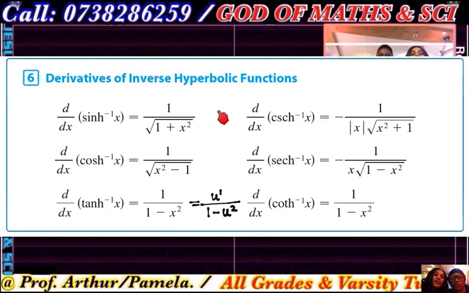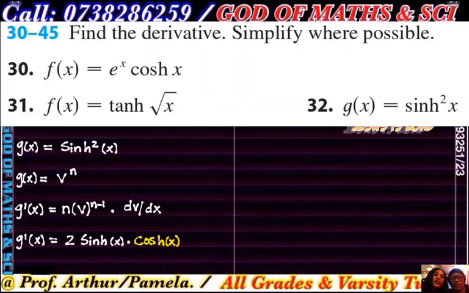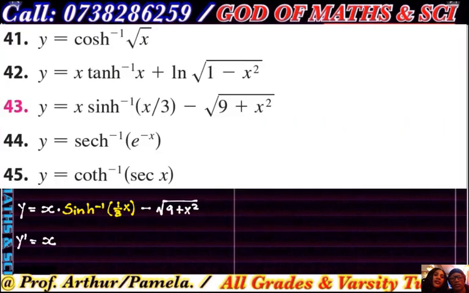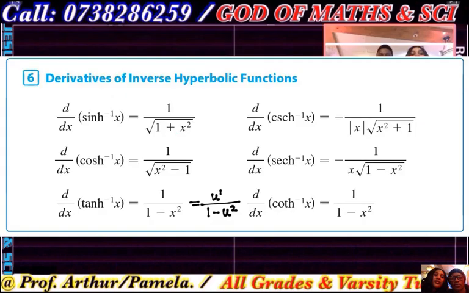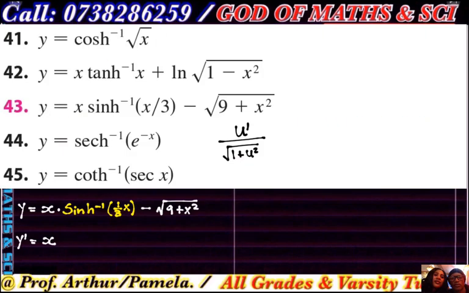Yeah, it's 1 over the square root of 1 plus u squared, so it's given by u prime divided by the square root of 1 plus what? Yes, it must be u squared. Let's verify that. There it is. Yep.